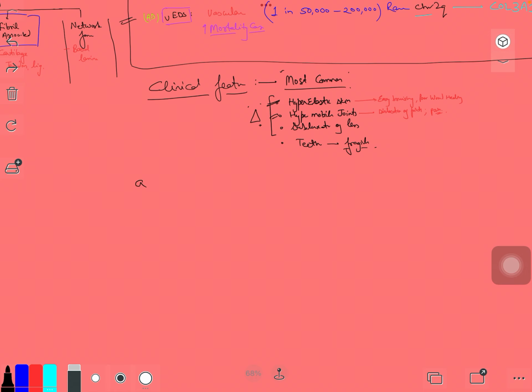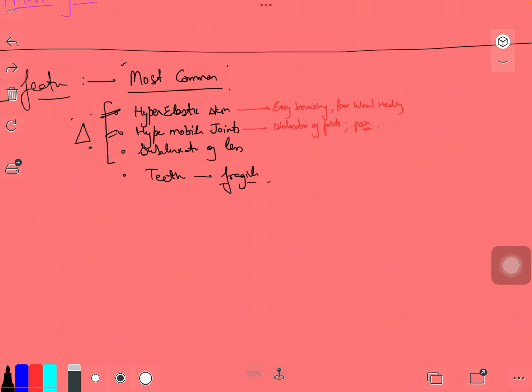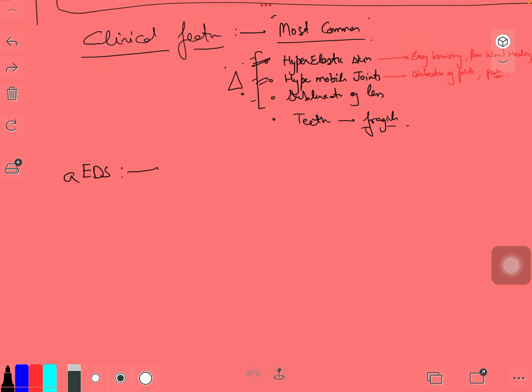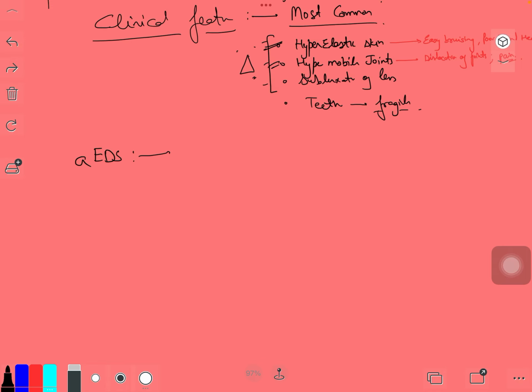So we can see more clinical features type-wise. So let's say A type of EDS, right? All the different variants have things related with only these 3 important things. For example, few will have more, or the hyperelasticity of the skin will be even severe. Some will have a mild form. Hypermobility of the joint will be severe in some, more and less, and like that. So for the A type of EDS, there will be severe joint hypermobility. Also, there will be skin changes.